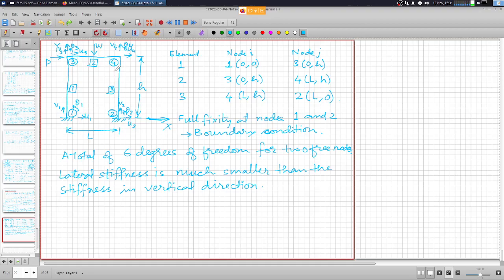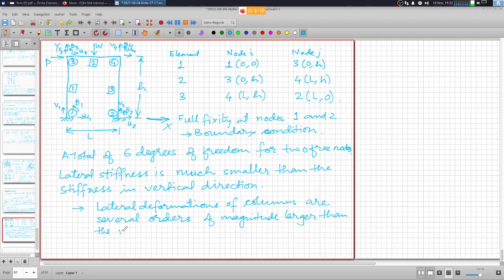So lateral stiffness is much smaller. So therefore, lateral deformations of columns are several orders of magnitude larger than the vertical deformations.